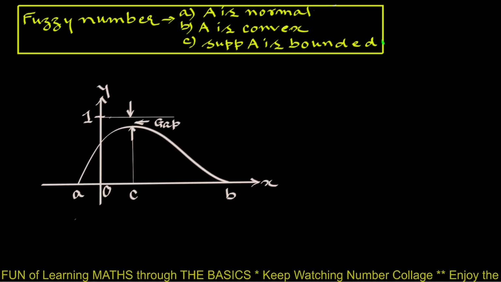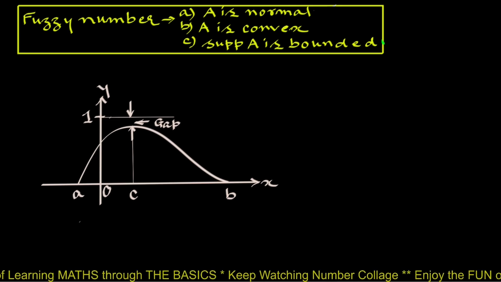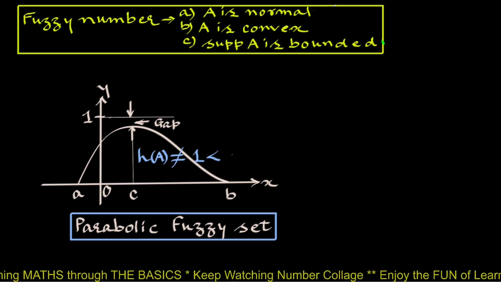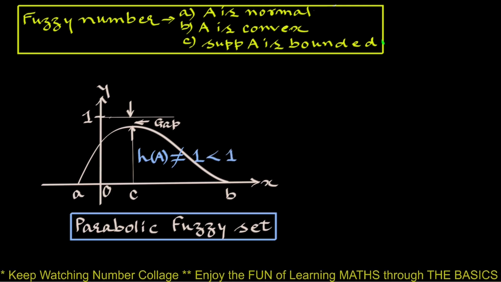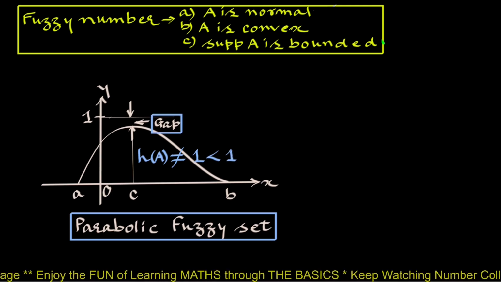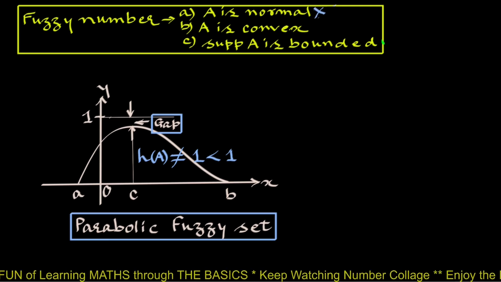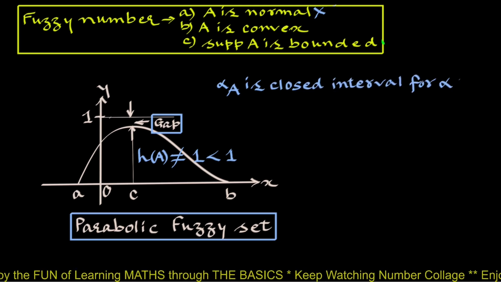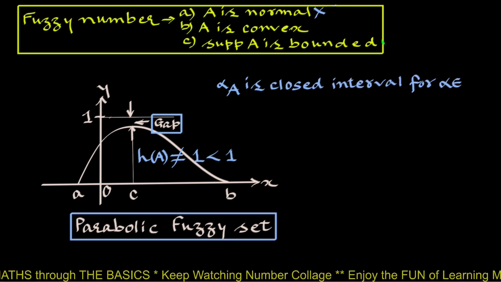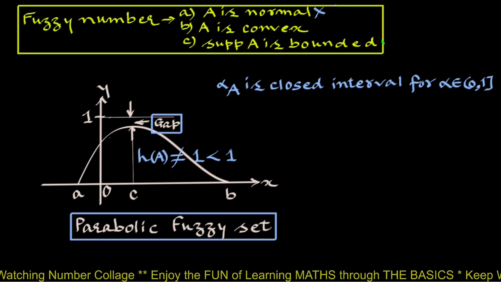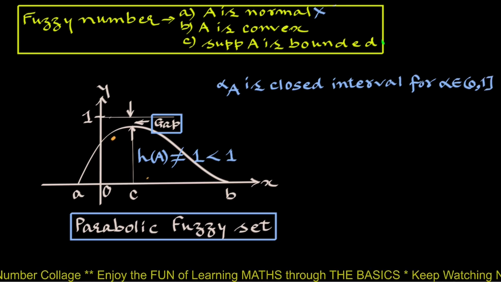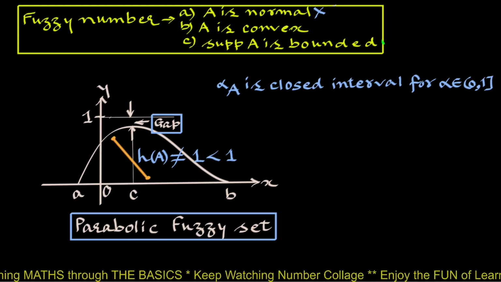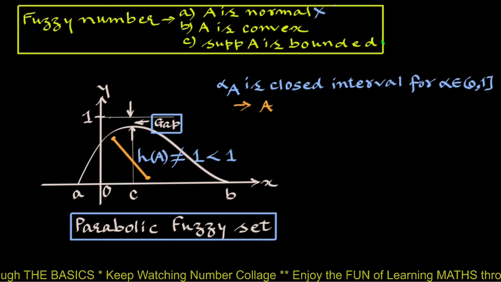In the graphical representation of another parabolic fuzzy set, height h of A is not 1, it is less than 1, from the gap seen here, even though other conditions are satisfied, such as alpha cut A is a closed interval for alpha belonging to interval open 0, closed 1, and a segment joining any 2 points within the graph lies entirely inside the graph, which implies A is convex.